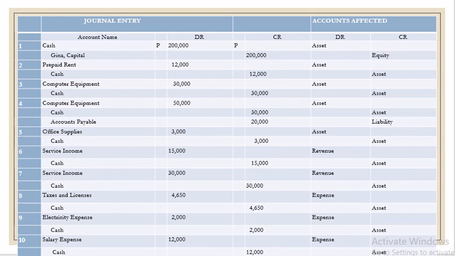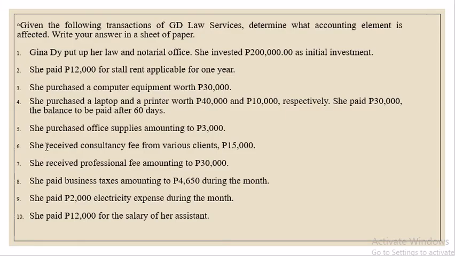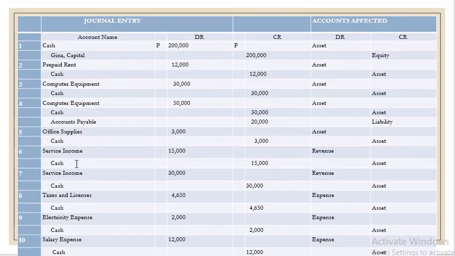Okay? Next is, she purchased office supplies amounting to 3,000 pesos. Bumili siya ng office supplies amounting to 3,000 pesos. Okay, here. So, ano yun sa kanya? Office supplies, 3,000. Cash yung binayad niya. Yung lumabas ay cash. So, account affected is assets. Assets yung office supplies. Assets din yung cash.